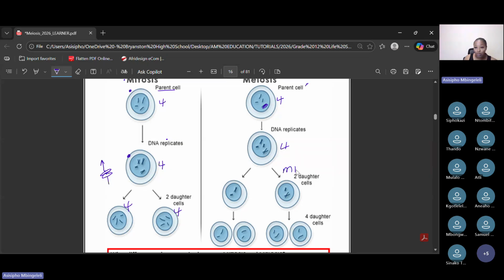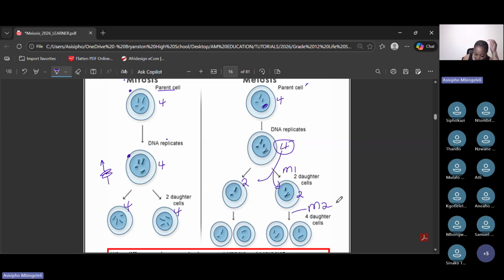I'm writing here meiosis 1. We will have 2 cells. Let's look at the number of chromosomes in both these cells. We have 2 chromosomes in this cell and 2 chromosomes in the other cell. Already the chromosome number has halved. We moved from 4 to 2 and 2. But let's look at the chromosomes here. They are still replicated. Then these 2 cells are going to undergo meiotic division 2. I'm writing it as M2.